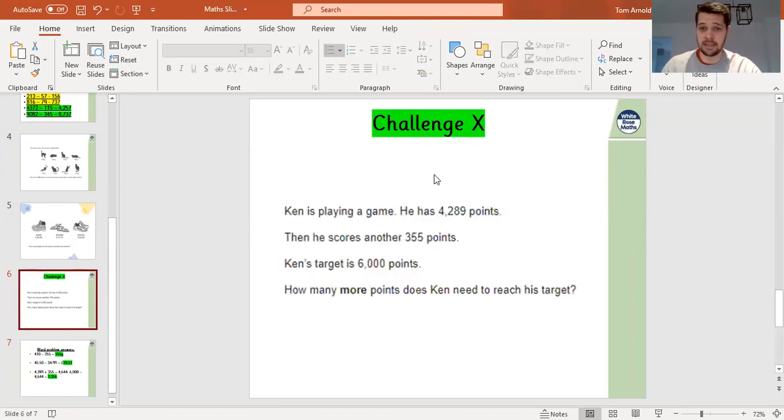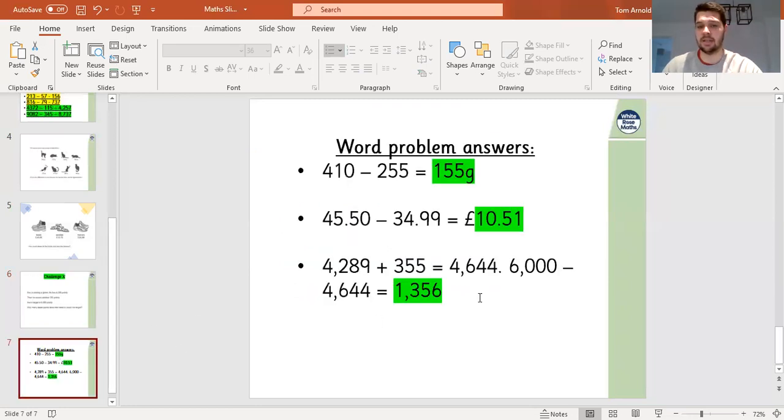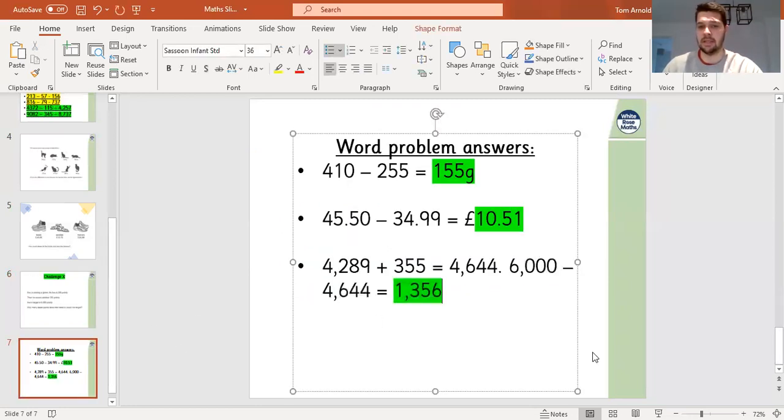And challenge X is multi-step, so we had to add 4,289 and 355 and then subtract that total from his target of 6,000 points. So he had 1,356 points.